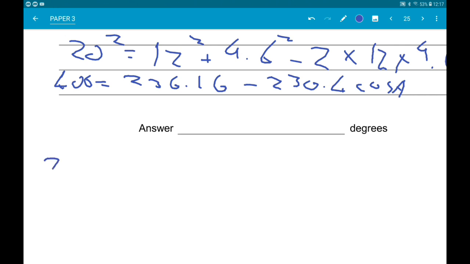So I get 230.4 cos A. Now I'm also going to subtract 400 from both sides. So on the left, we are going to get minus 163.84.